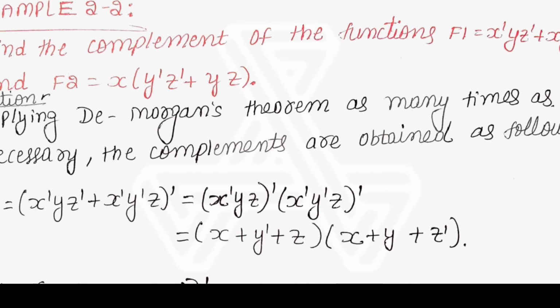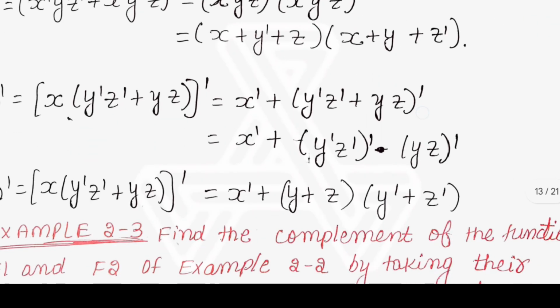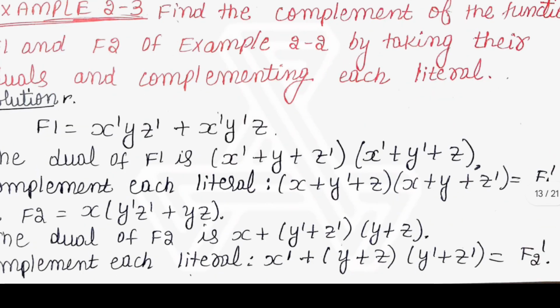Then if you consider this, we'll be having the complement of x dash is x, plus y dash plus z dash, into x plus y plus z dash. X into this whole complement is x complement plus this complement, and here is the final complement of the functions f1 and f2.